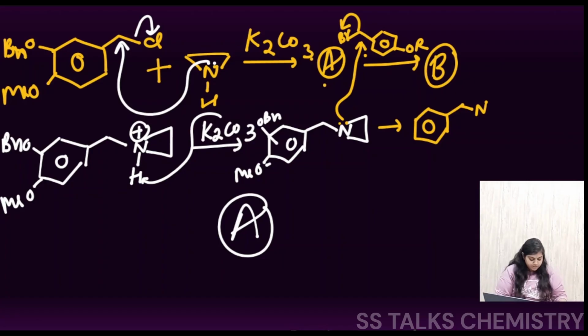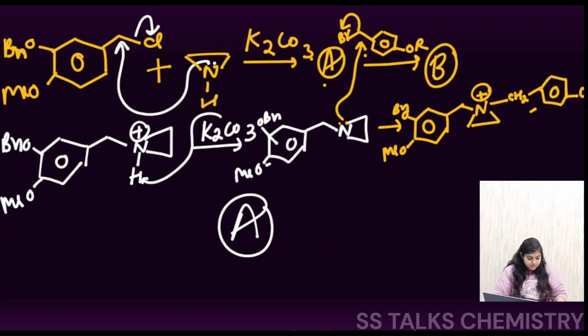Now this ring will be present, this is going to form the positive charge, and it is forming the bond with the CH2, and here we have this species being formed, right? At the para position you have your OR group. The rest of the substituents, OMe and OBN, remain the same, right?